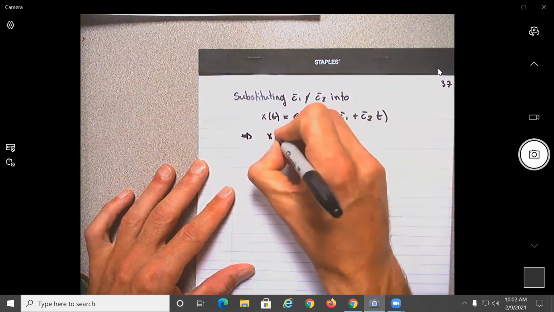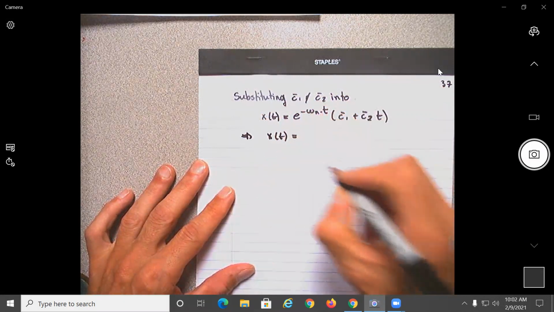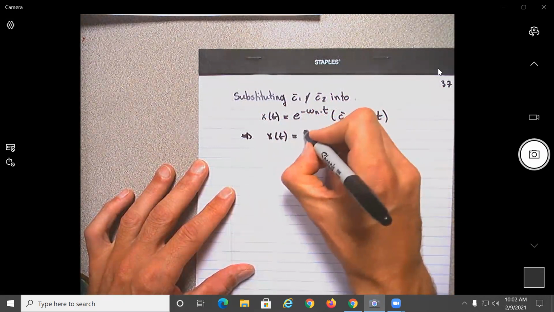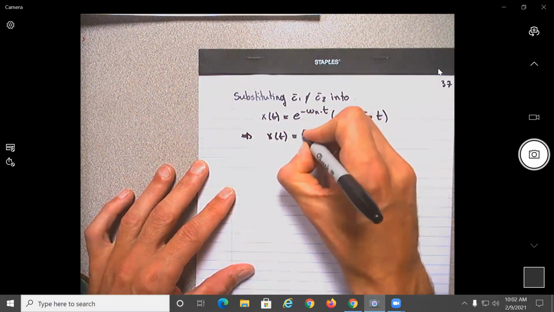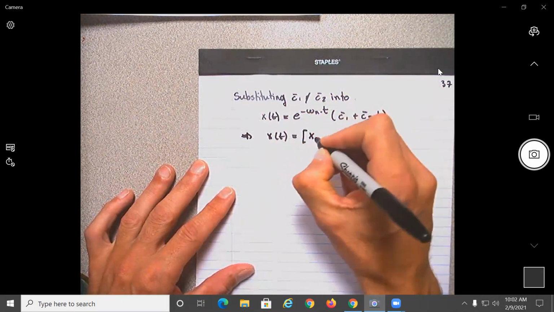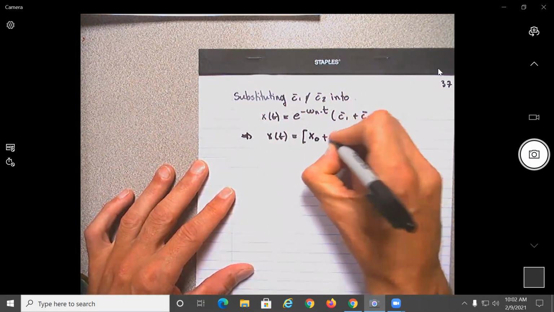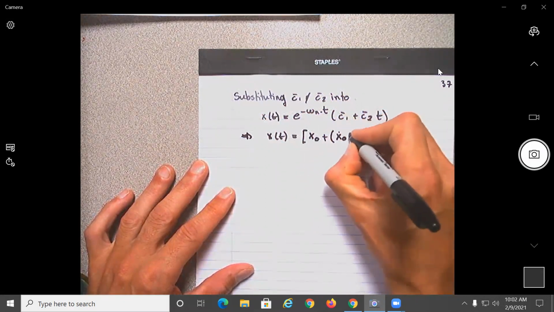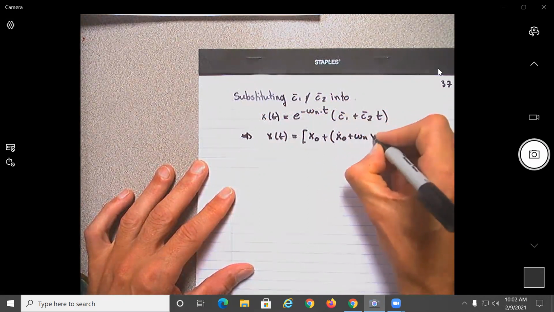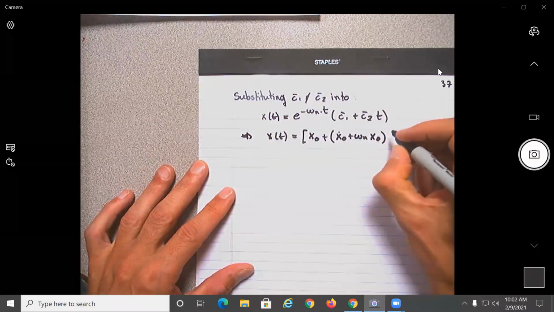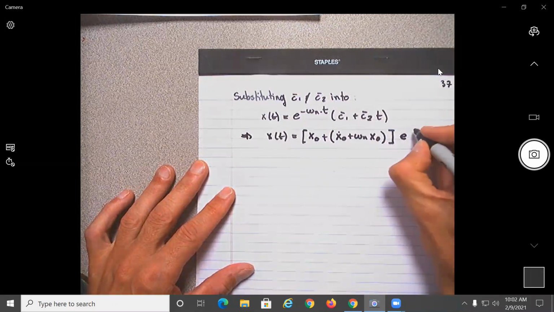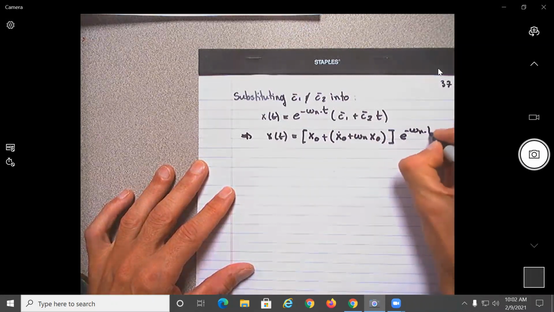We're going to get x of t to be equal to, let me just change the order, x sub naught plus x dot sub naught plus omega n x sub naught, exponential of minus omega n t.